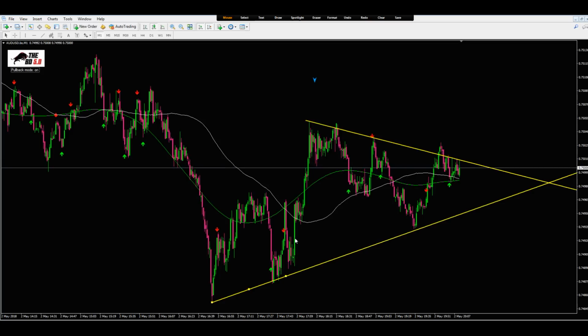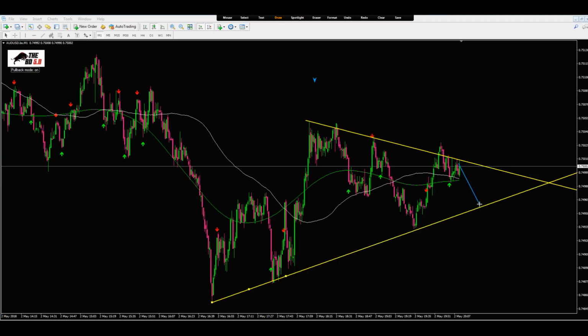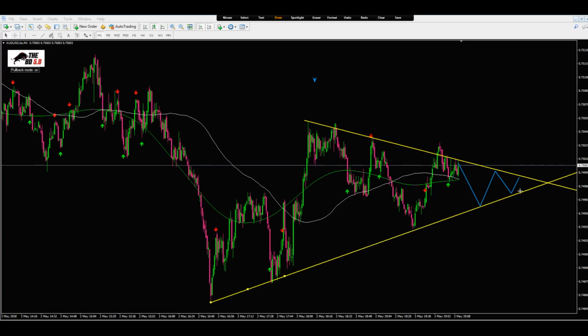We've got a lot of buyers in the market trying to buy, and a lot of sellers trying to sell, and what will happen normally is the price will come down here, then bounce back up here, then bounce back up here, and it will just keep getting squashed and squashed until we have one big move.